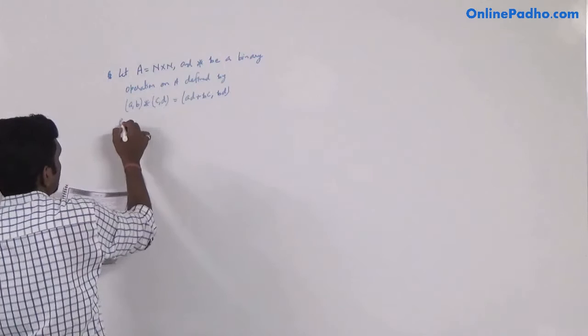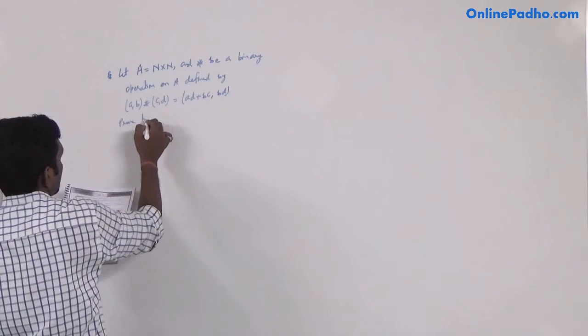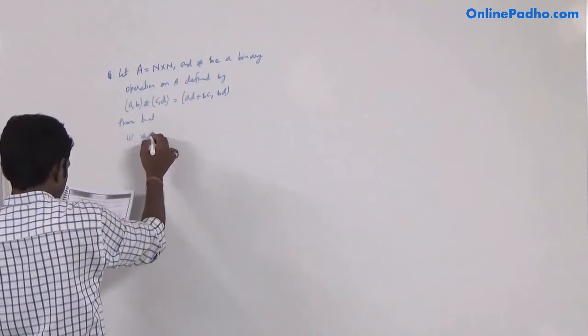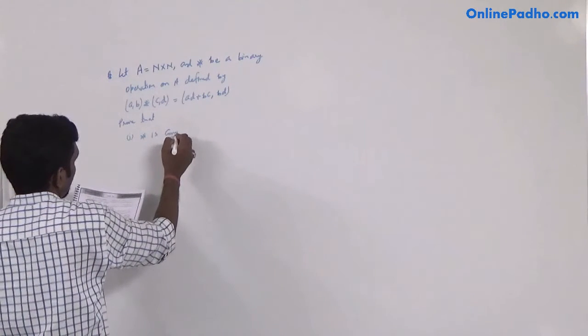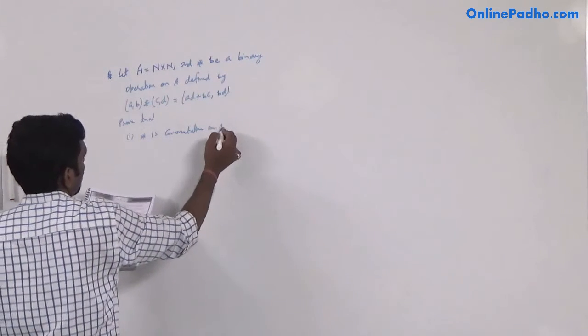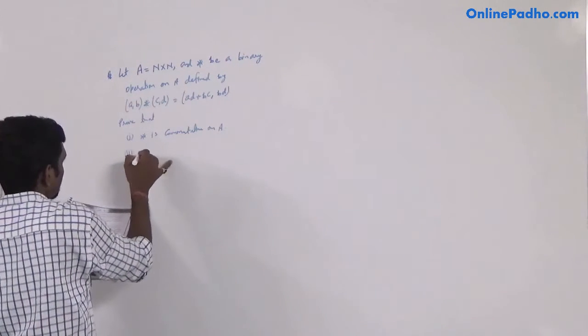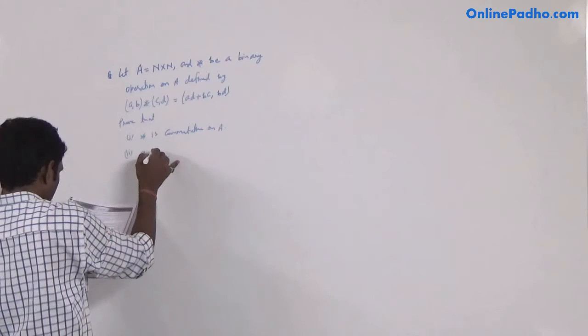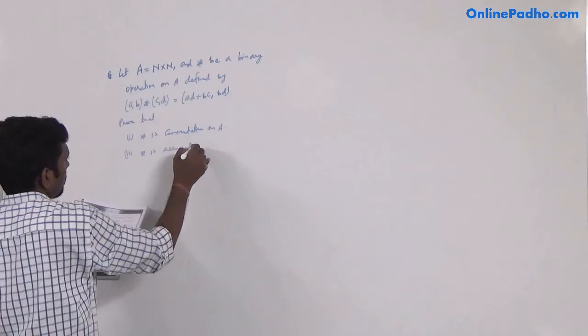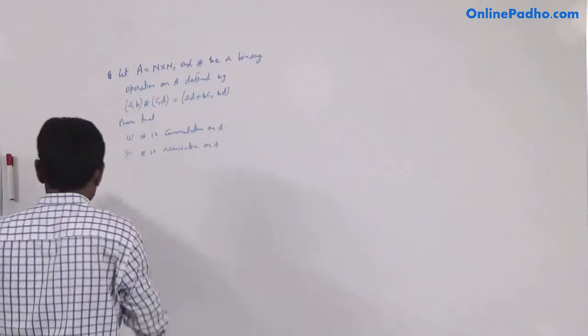Then prove that first one, star is commutative on set A. Second part, star is associative on A, right?